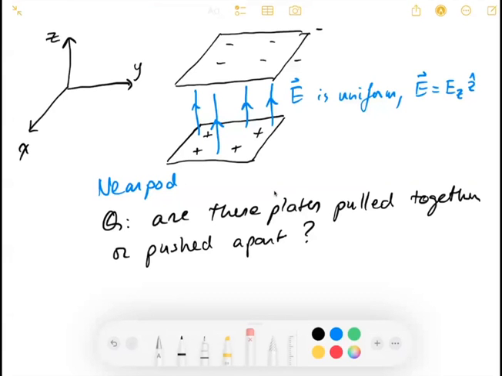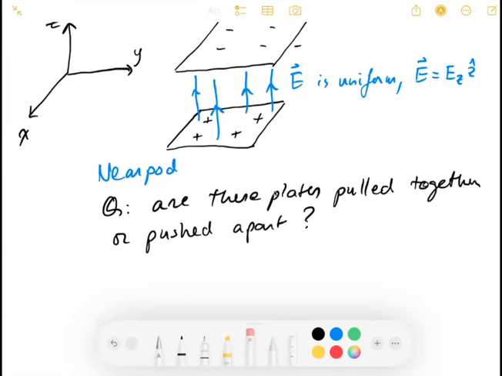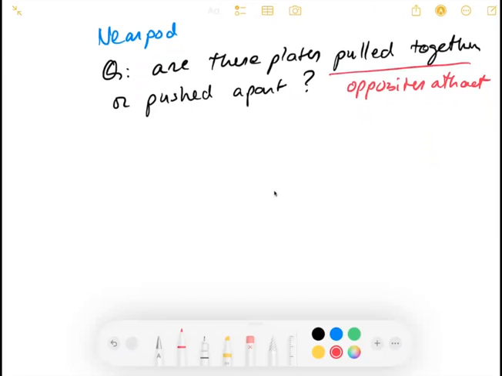Okay, because opposites attract, they should be pulled together. Opposites attract. All right, now let's do this with the stress tensor and convince ourselves that it's the right answer.